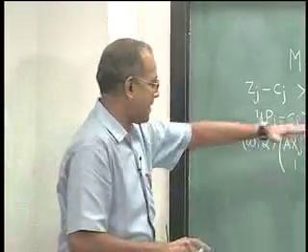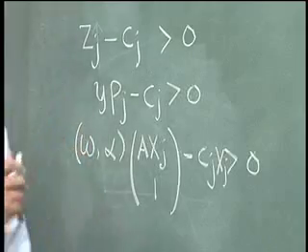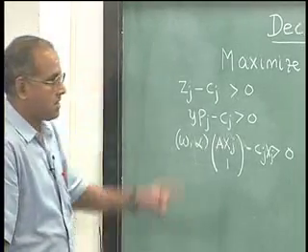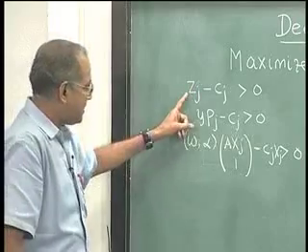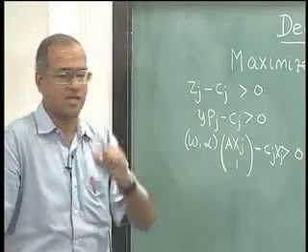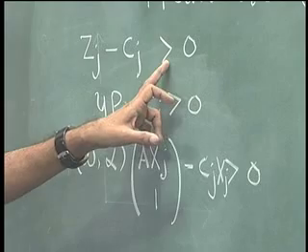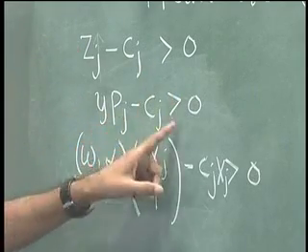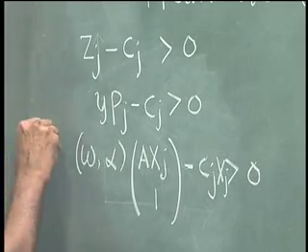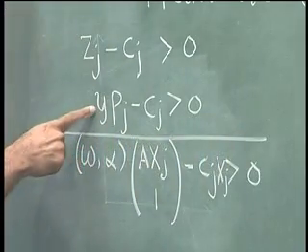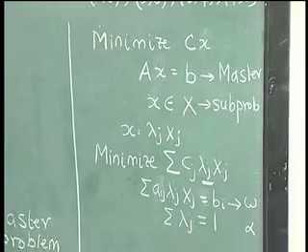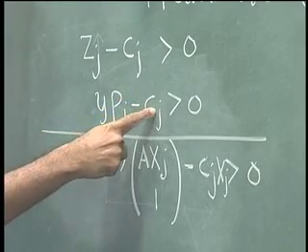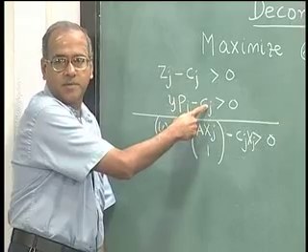Let me explain this again. In order for a new variable to enter the basis, because it is a minimization problem, in general Zj minus Cj should be greater than 0. In general, Zj minus Cj is written as y Pj minus Cj greater than or equal to 0, where y is the dual variable, Pj is the entering column, and Cj is the objective function coefficient of the entering variable.